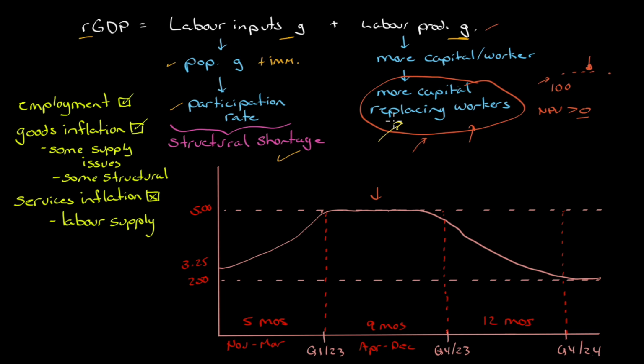to get rid of services inflation. For goods inflation, as we saw in the last CPI report, came in at 0. Yes, some categories were higher, but some categories were lower in the goods sector. Came in at 0. So you could say, well, you kind of got that box checked. You have some supply issues still hanging around, and you have some structural issues, and your structural issues are primarily in the auto sector.